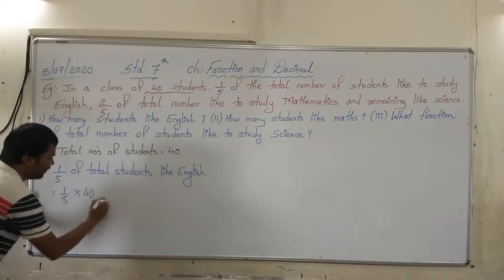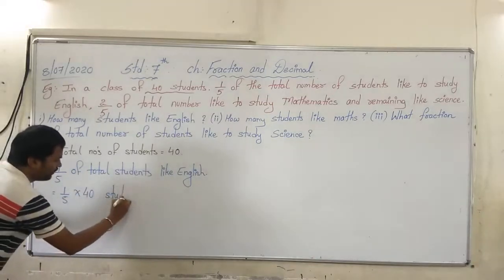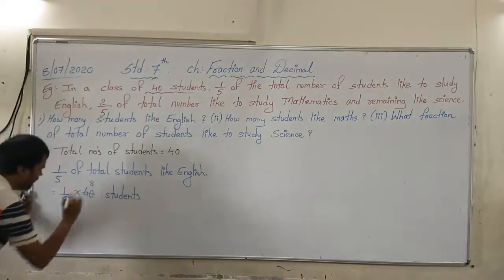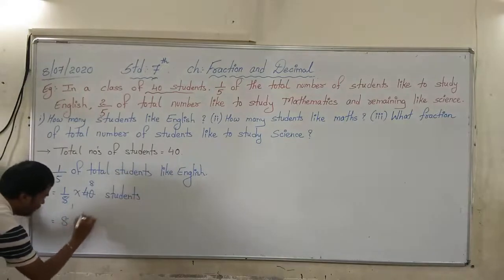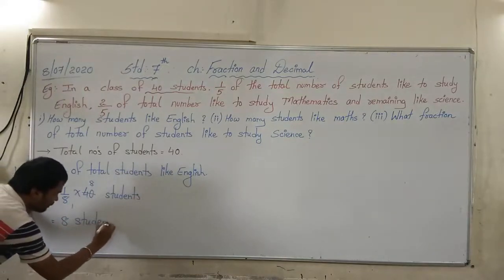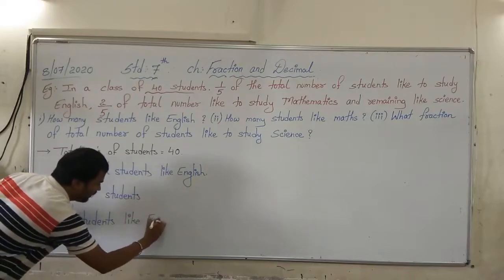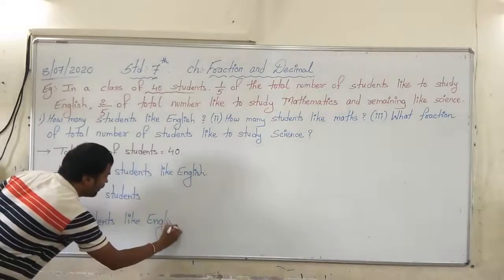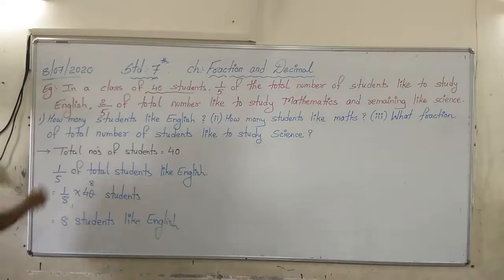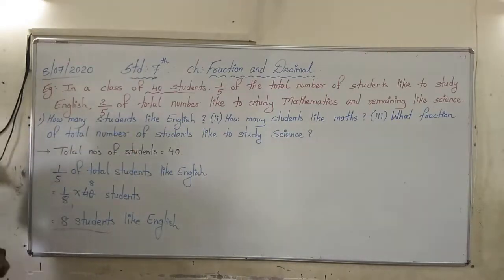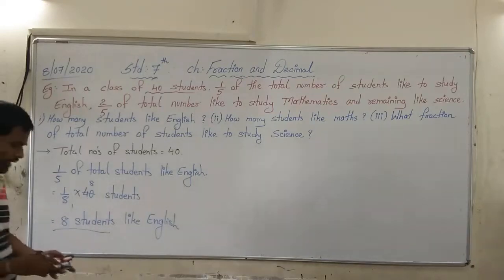That is 1/5 of 40 students. Right? So 5 ones are 5, 5 8s are 40. That is equal to 8 students like English. If our question is how many students like English, so we can say that 8 students like English.